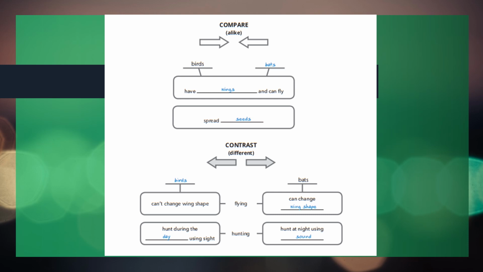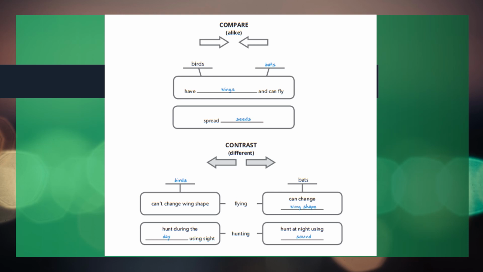So our topic here, if you see and take notes with me, is birds and bats. Let's compare between them to see how they are alike. We say both of them have wings and can fly, and they spread seeds.